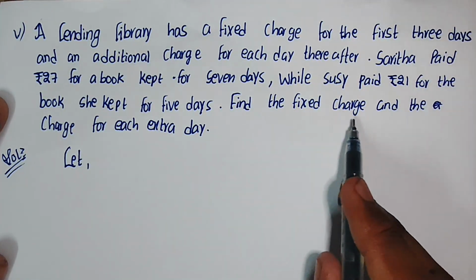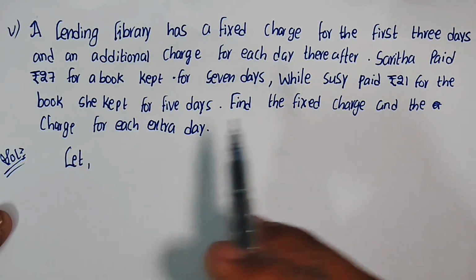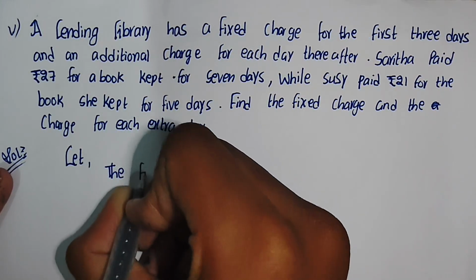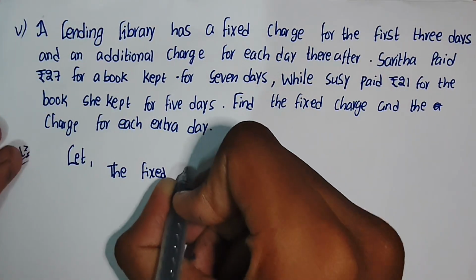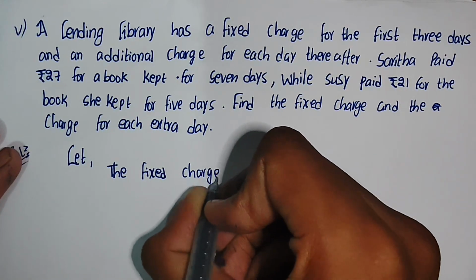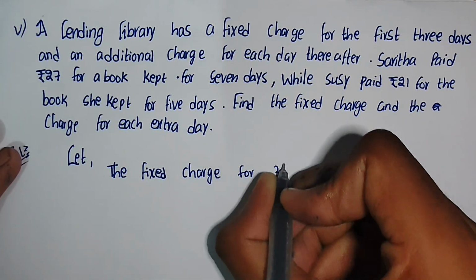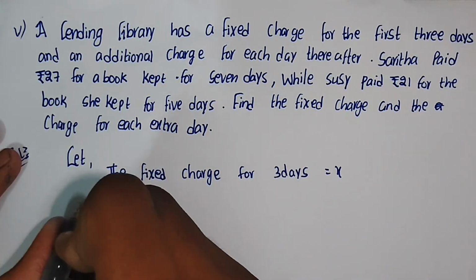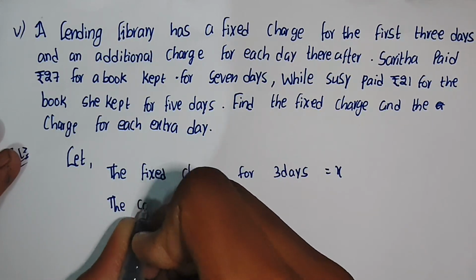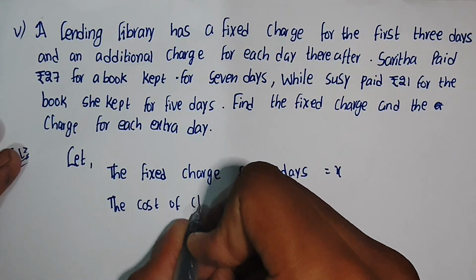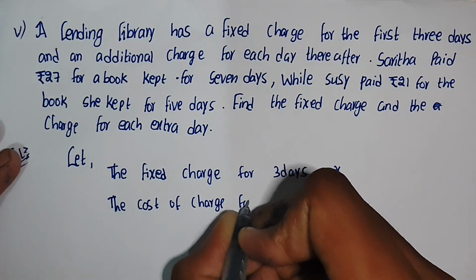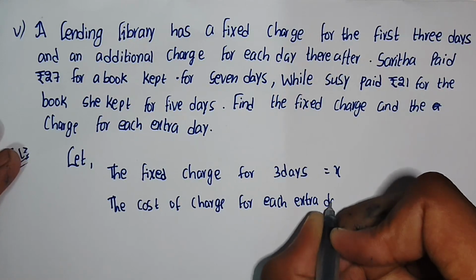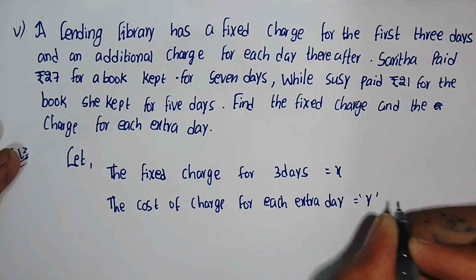What they said is to find the fixed charge and the charge for each extra day. So let the fixed charge for 3 days equal x, and the charge for each extra day equal, I am taking that as y.